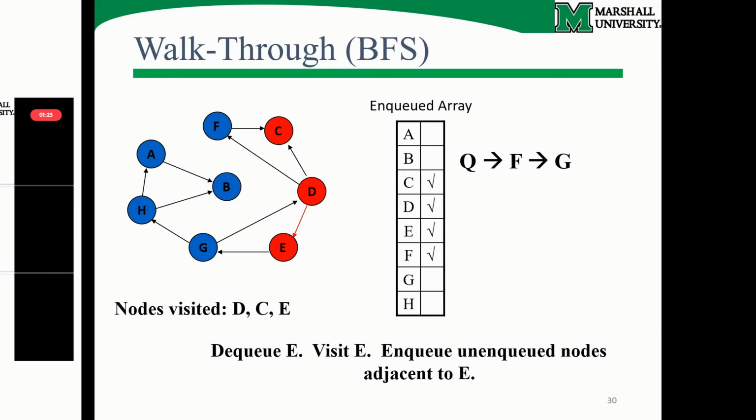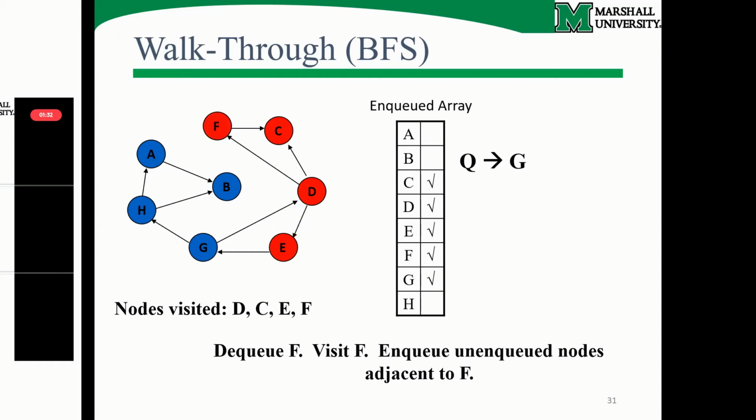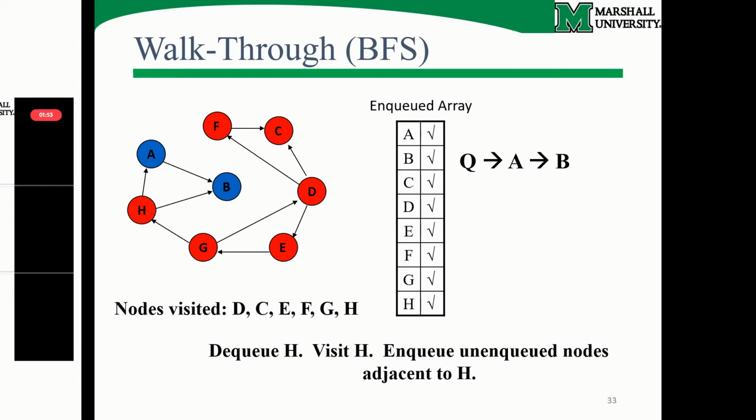The adjacent vertex of F is C, but we already visited C, so we will not insert that into the queue again. Next, we enqueue G and visit G and also enqueue all the neighbors of G that are not visited. In this case, H. And we will go on. When the queue is empty, we know there is no vertex in the queue that we can visit from here. So we will end our algorithm in this position.